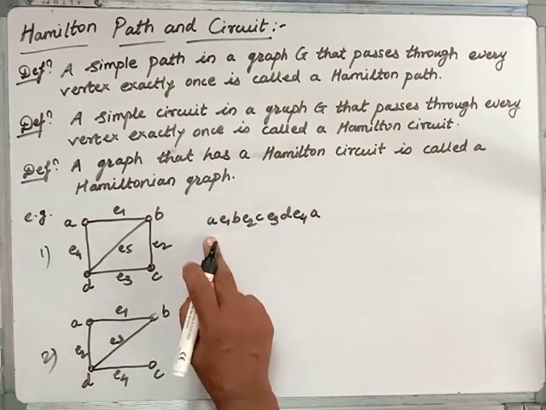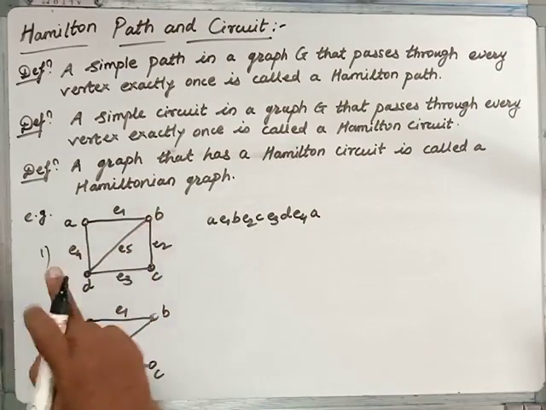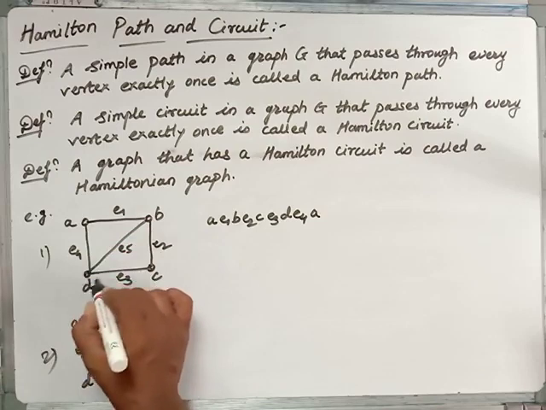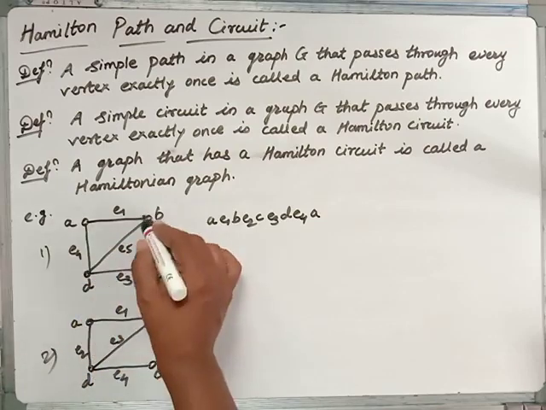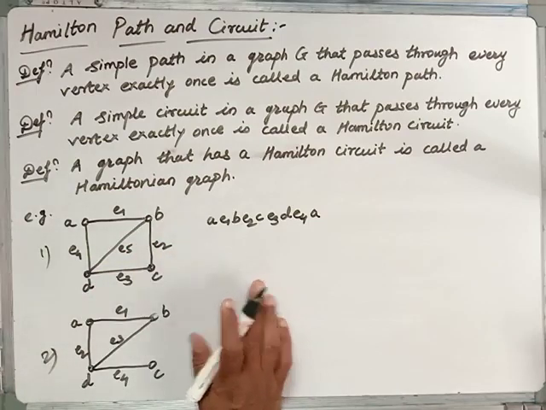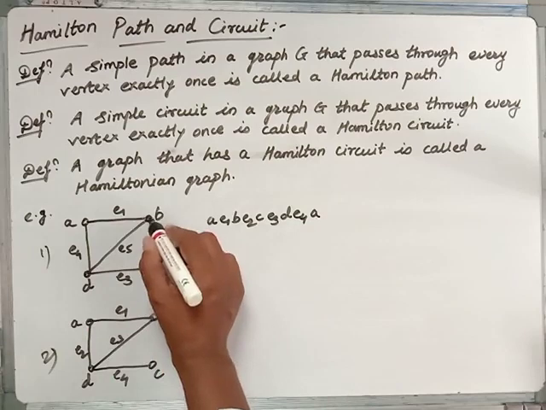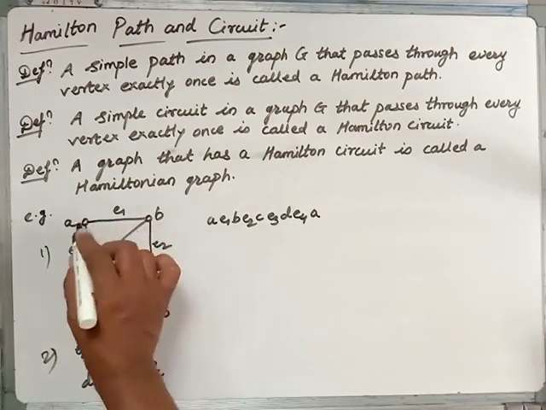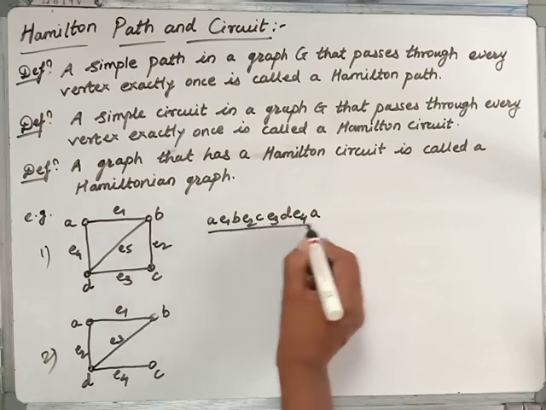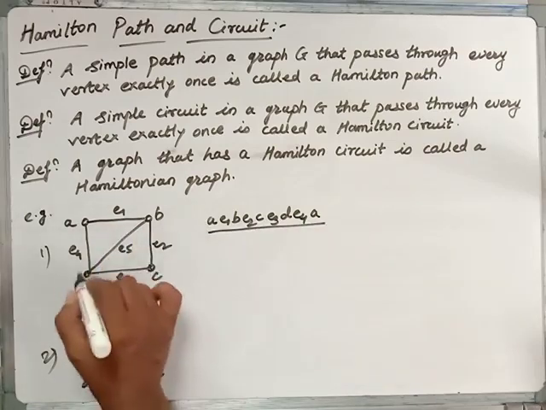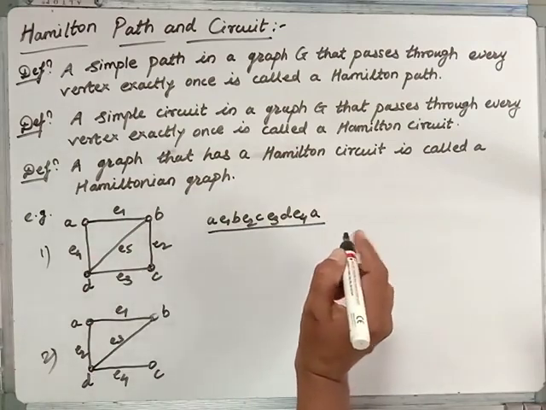So what happened here? Also, one more thing: look at this vertex, it has degree 3, so it doesn't have an Euler circuit, first thing. And if we go here, then this edge E1 will repeat, or this vertex B also repeats. So now look at this: this is a circuit consisting of every vertex exactly once.